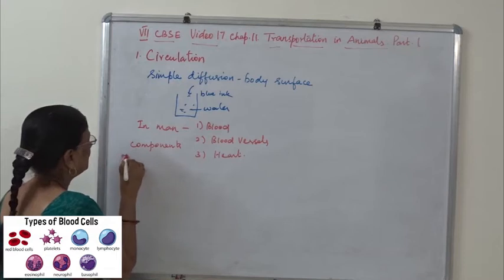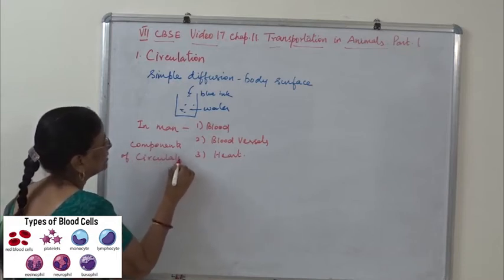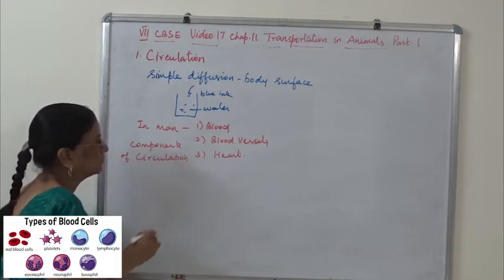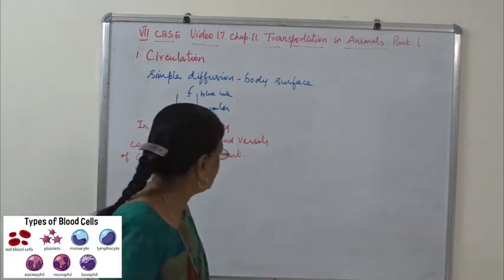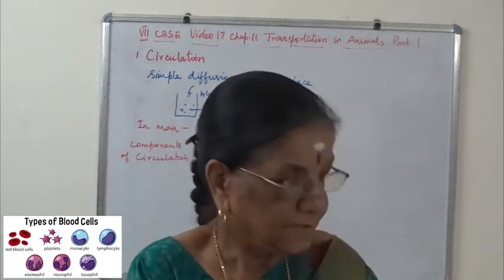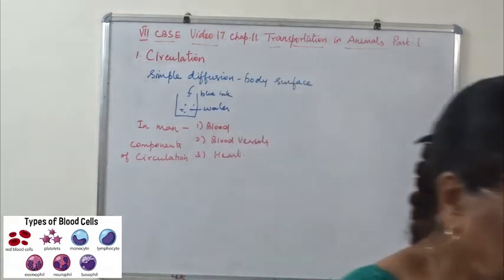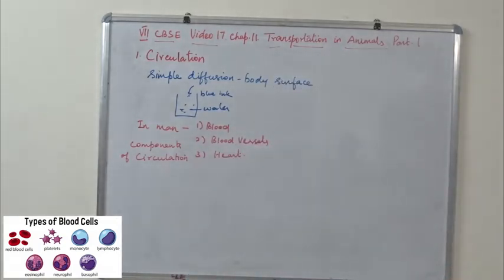What are they? Blood, blood vessels, and the human heart. Now we will learn one by one the different parts, the blood vessels and the human heart. I hope you understand.